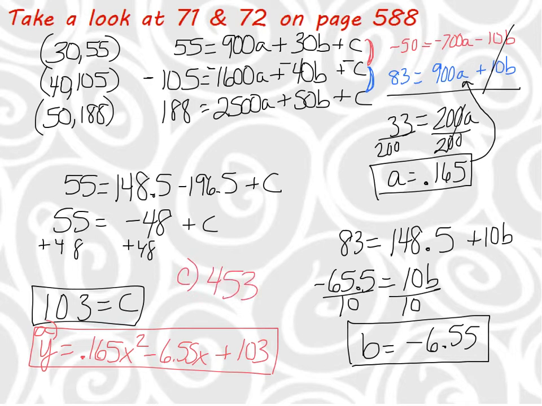And then you have to think about what that means. What do you label that? That's my stopping distance. You can't tell in the chart, but it says in the reading up above that the stopping distance is in feet. So it would take me 453 feet to stop if I was traveling 70 miles per hour.